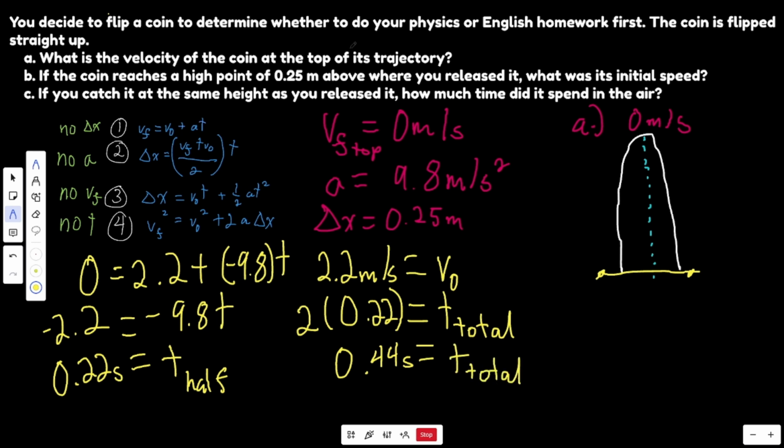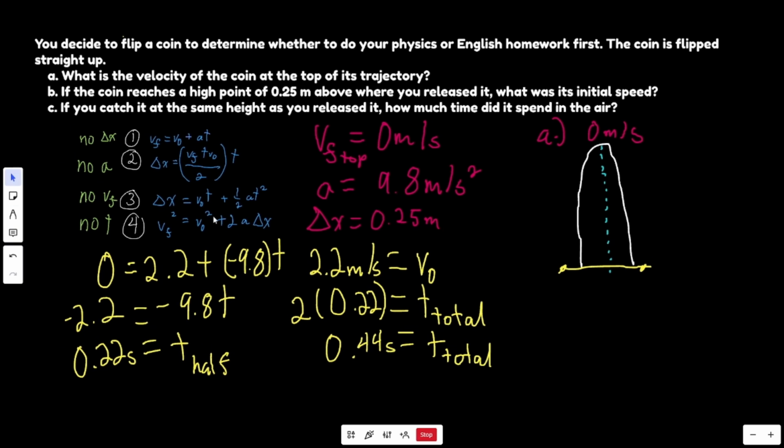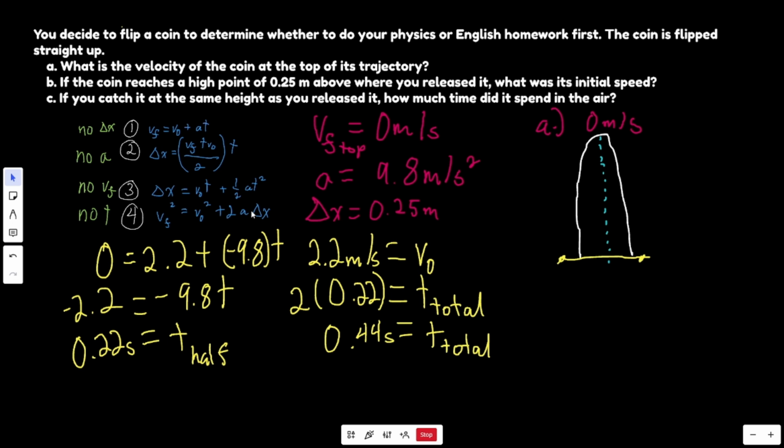So thank you everyone for watching this in-depth concept. I hope that it was clear. I know that projectile motion might be a bit confusing, especially since there's more vectors to be taking note of, and especially since some questions hide their givens really well. But just remember that in any projectile motion question, there's always going to be two givens immediately. Your two givens are always going to be final velocity, and it's also going to be the acceleration.